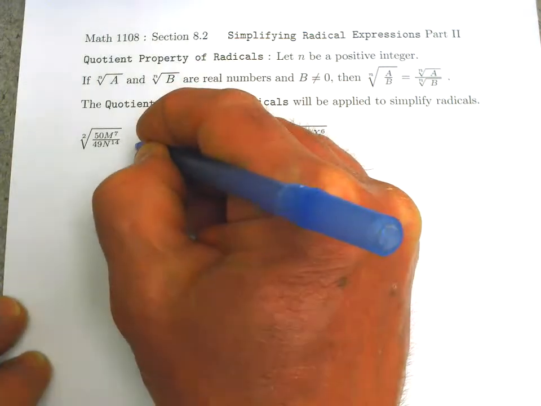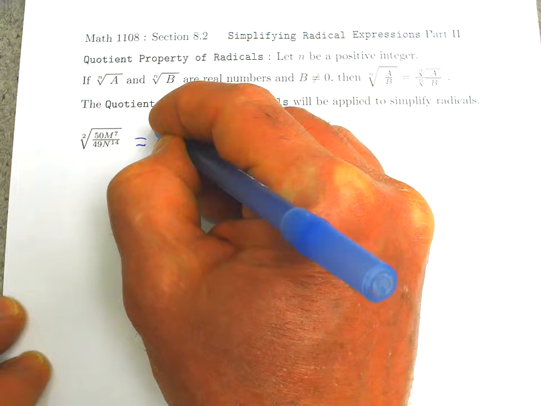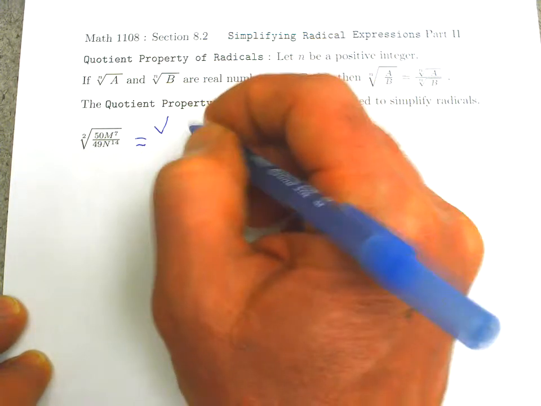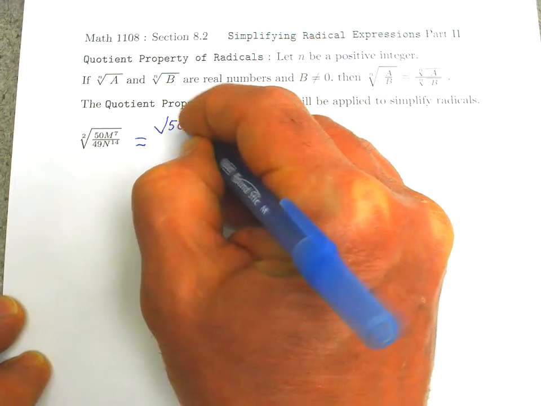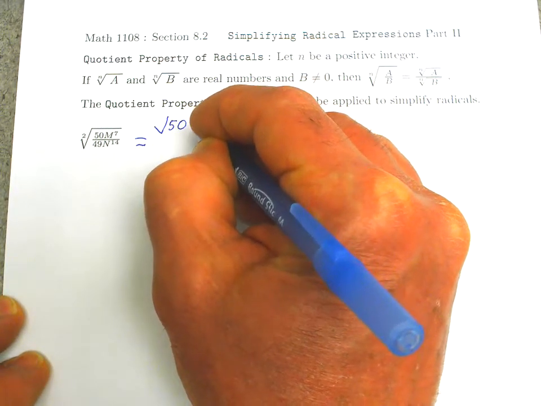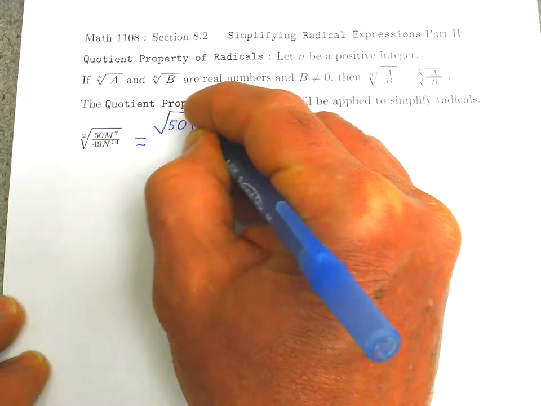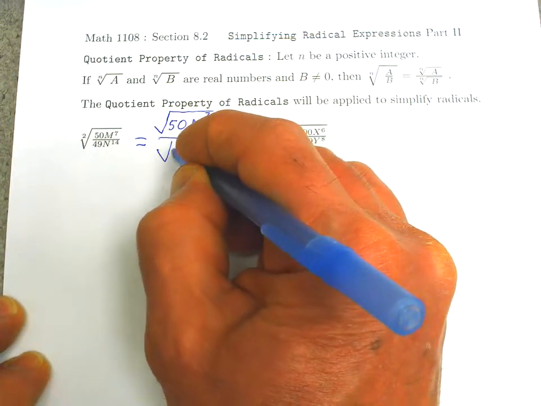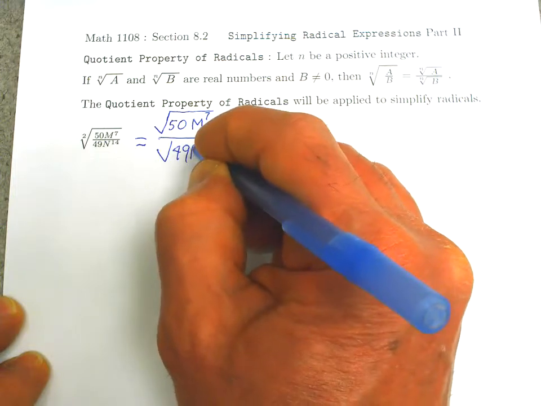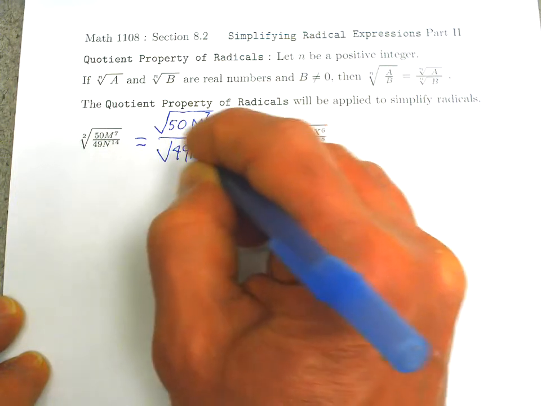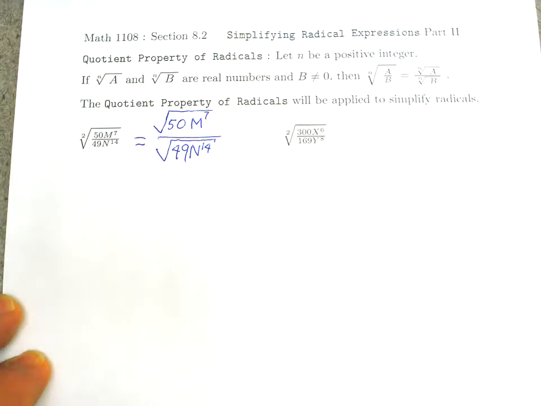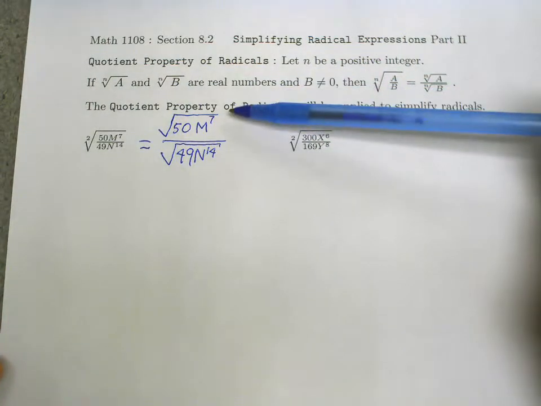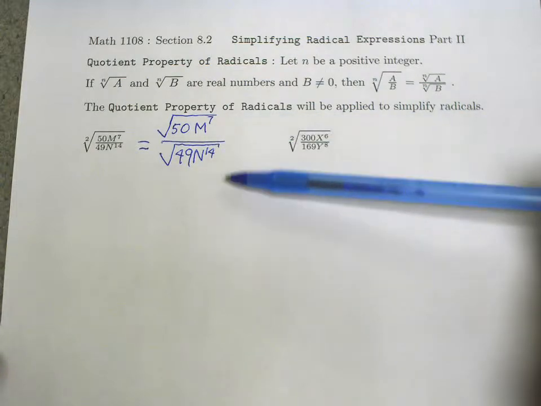So I'll do that. I'll write in the numerator the square root, I'm not going to bother with the index 2 because it's the same thing, the square root of 50m to the 7th, and in the denominator, the square root of 49 times n to the 14th. And then we focus on simplifying the square root in the numerator and the square root in the denominator.